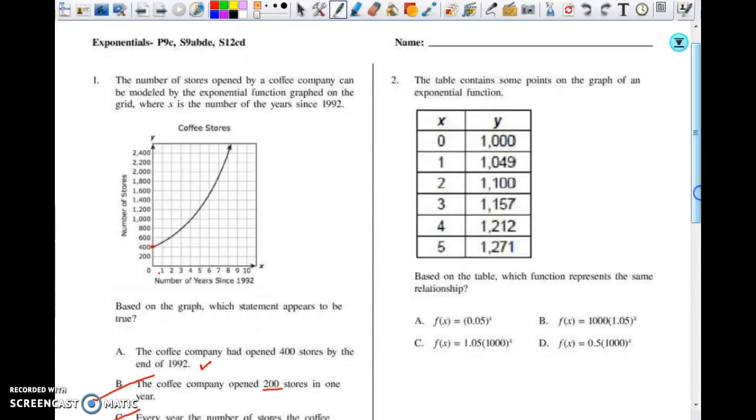For number two, this time they gave us a table of some points on the graph. So it's an exponential based on the table. Which function represents the same relationship? So again, what do we do? And I'm not going to do this one all the way. You're going to do it. You know to put the table in Desmos, right?